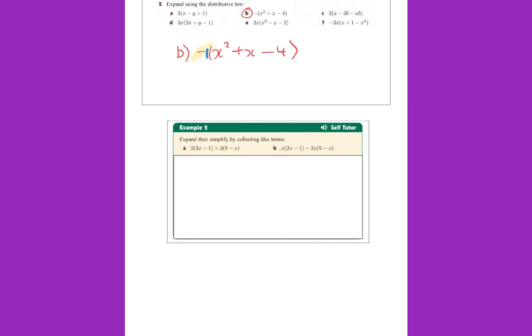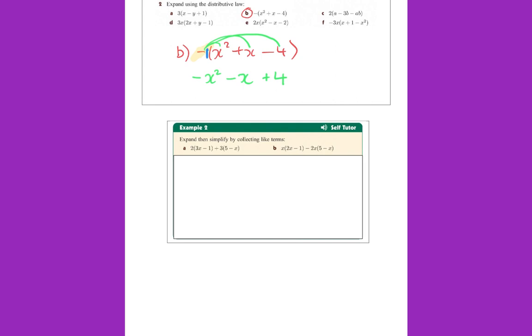Sometimes it helps to put a -1 there. So pencil on the -1, draw in an arrow, gives us -x². Draw in an arrow, -1 times x gives us -x. And a third arrow because there's 3 numbers. -1 times -4 gives us +4.